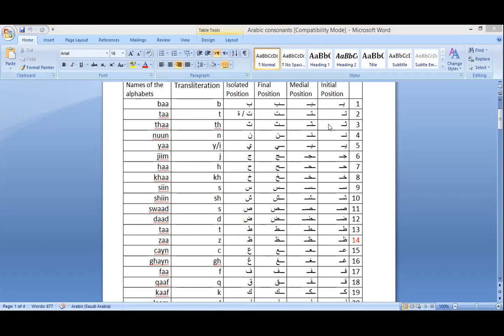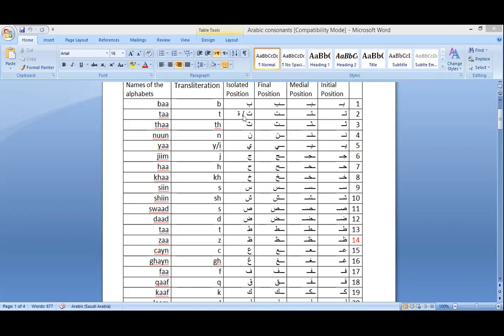Okay, first, ba in initial is not the same as ba in isolated position. Just a second, before you respond to me first. Isolated, we say a letter is never joined or connected to any other letter from either of the two sides, either before or after. But when we're showing initial, the letters are left free here, because they should be joined with a letter or other letters.